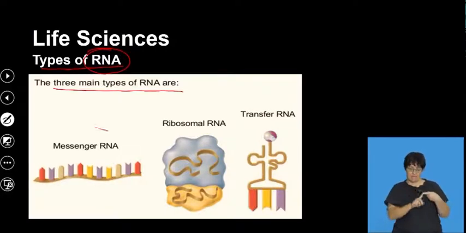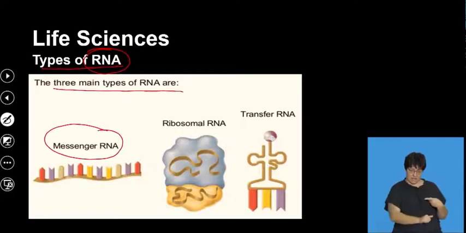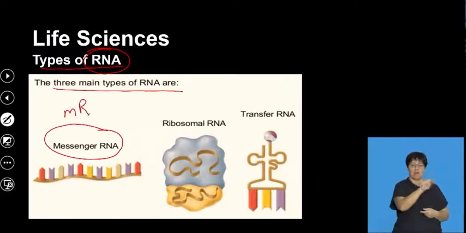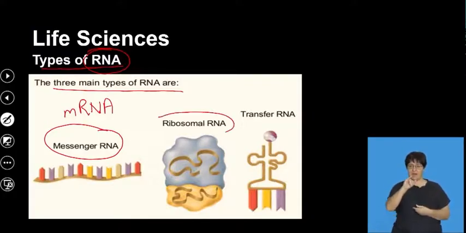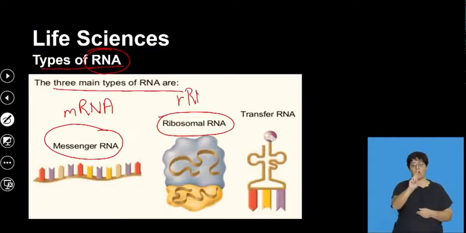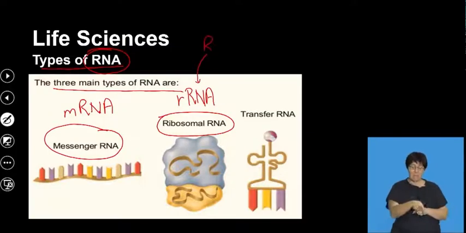So we have messenger RNA, which is often referred to as mRNA. We have ribosomal RNA, which is sometimes referred to as rRNA. And if you can recollect in previous lessons, we've also referred to that as being a ribosome.